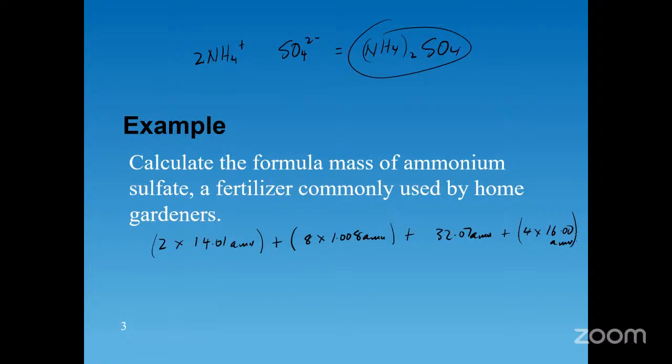And then I'm going to add that to 4 times 16. And according to my calculation, and please tell me if I'm wrong, I'm always willing to be corrected, I got 132.15 AMU as the answer. All right? So that's basically how that is done. Any questions about this?